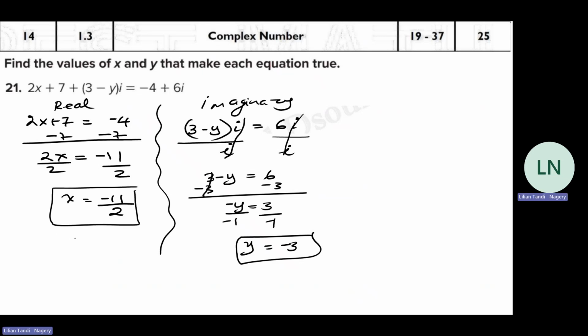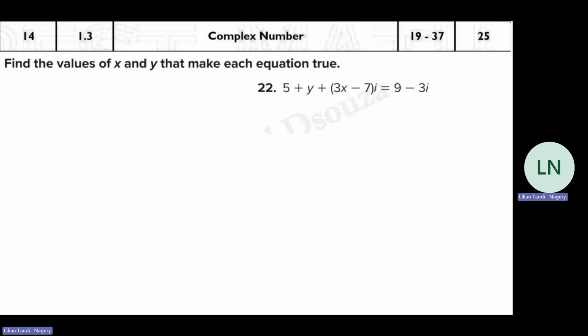Or you can simplify it, you can change it to decimal, negative 5.5. Divide your work. You have your real and your imaginary.